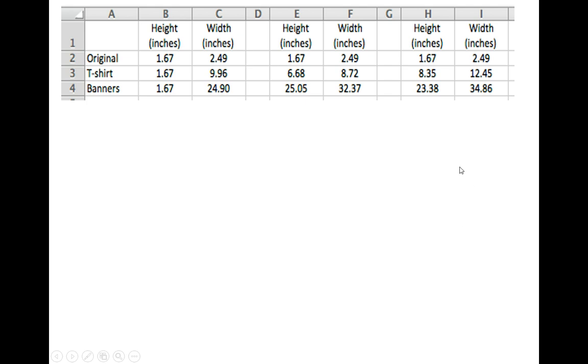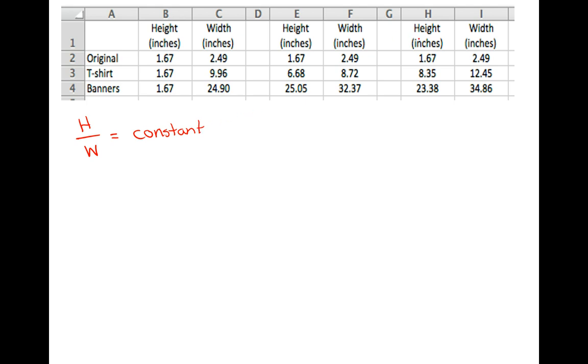I think this must have just been more room for us to do our work. But yes, when things are proportional, that height to width is a constant. They all equal the same number.